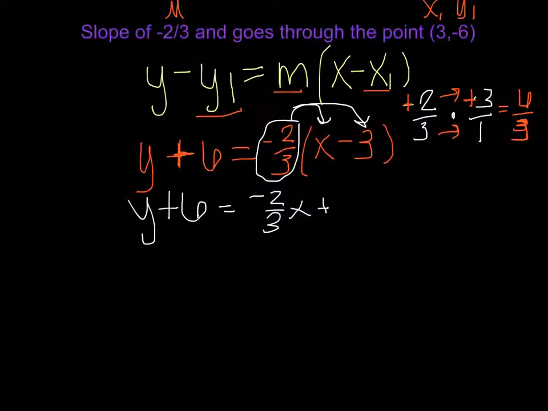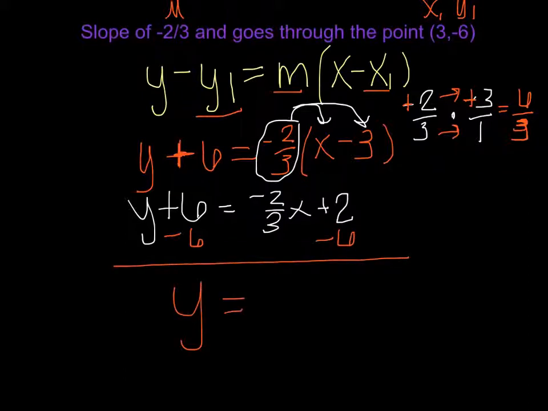So it would be plus 2. Now there's one final step we have to do, and that is subtract 6. So the equation of our line is y = negative 2/3 x - 4.